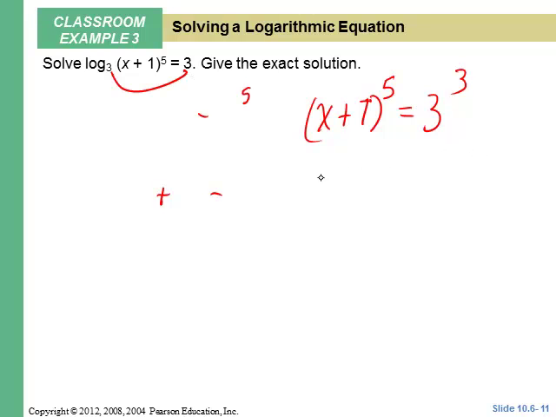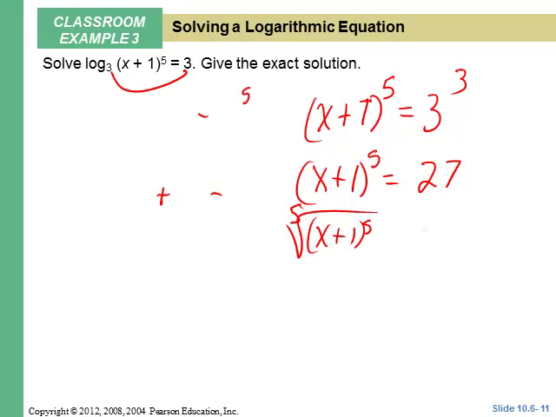Okay, so what can we do now? 3 to the third is 27. (X plus 1) to the fifth is 27. So we could take the fifth root of both sides, the fifth root of 3 cubed.